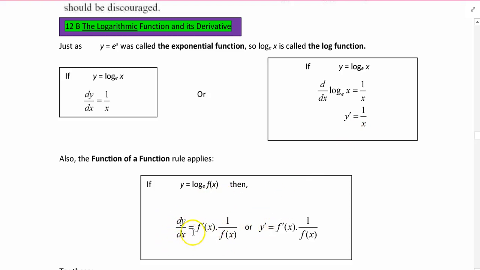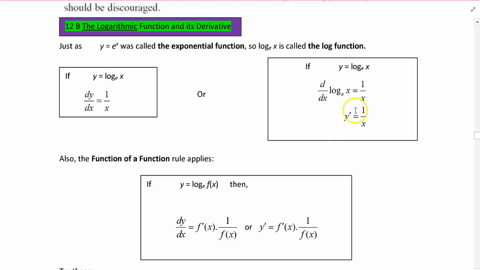This box here is just saying that if this is more than simply x, so it might be x squared or x cubed plus x squared, something that constitutes its own little function in x, then the derivative of the whole thing is 1 over that, and I'll talk about the second part first, because that's the easiest part to write down.